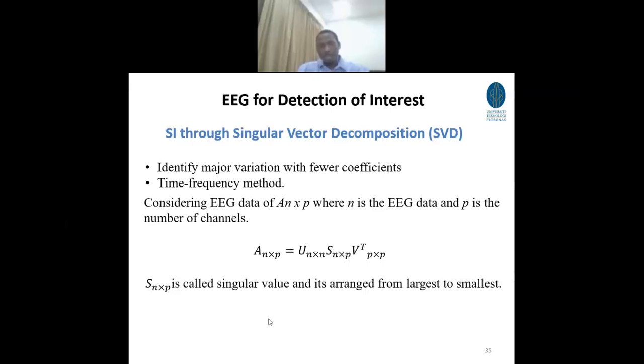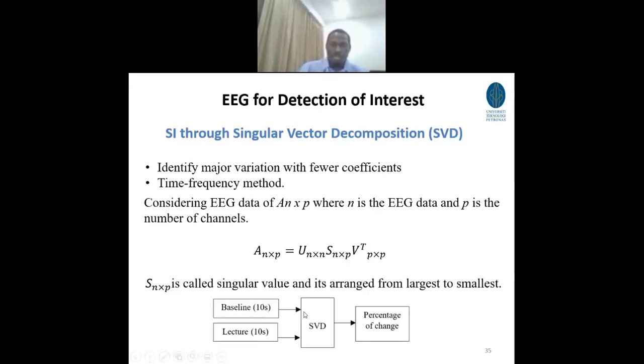You will get some singular values, and then you arrange them from the largest to the smallest. Similarly, we are looking at how much change there is from the baseline compared to the lecture, and then we use this as a feature. We want to see if this would be useful for differentiating between the highly interested and the low interested students.